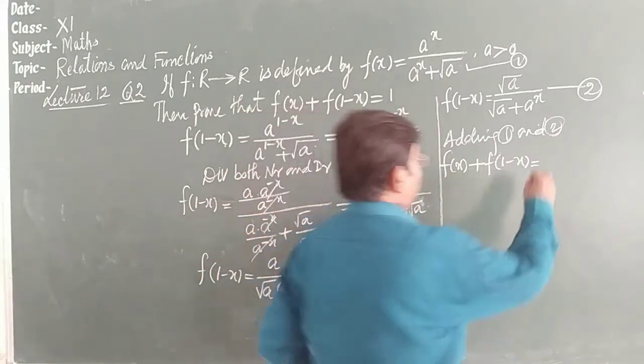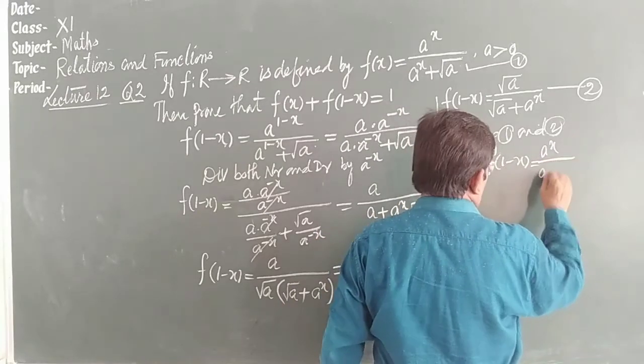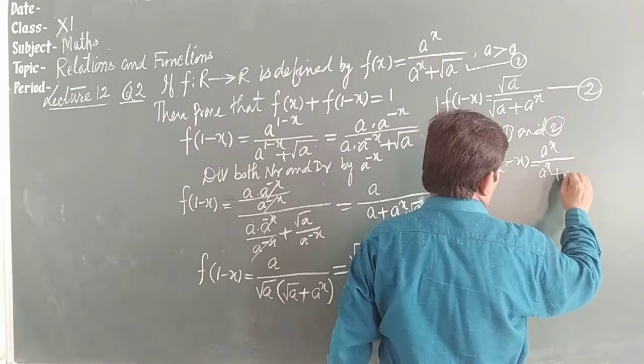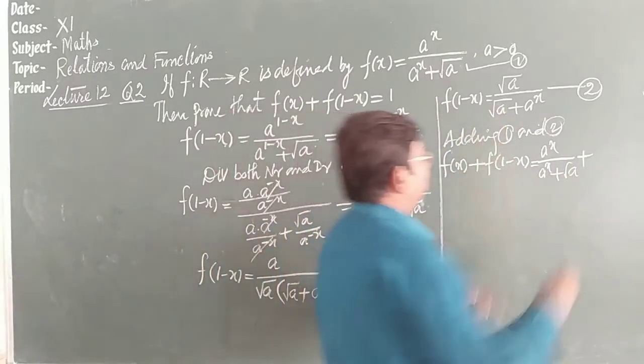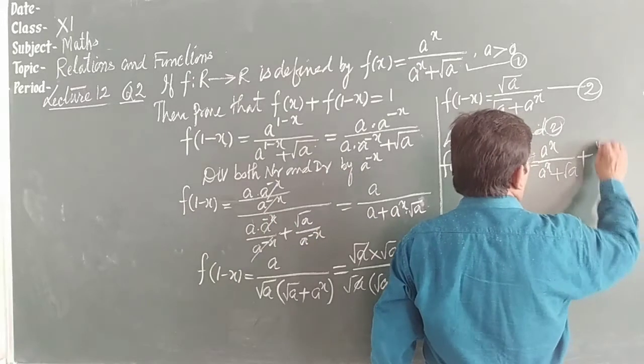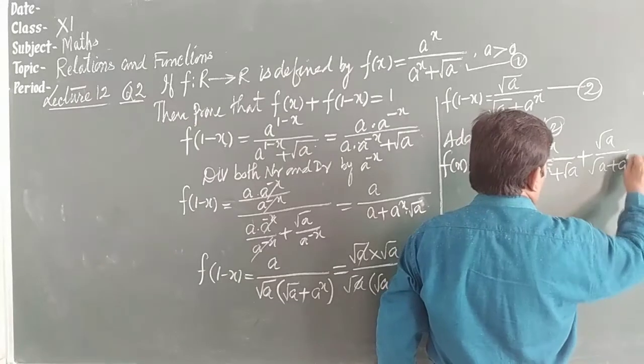We have a to the power x upon a to the power x plus under root a, plus under root a upon under root a plus a to the power x.